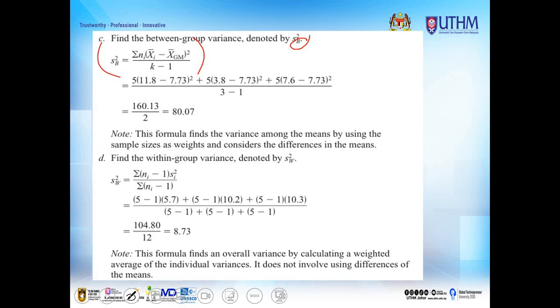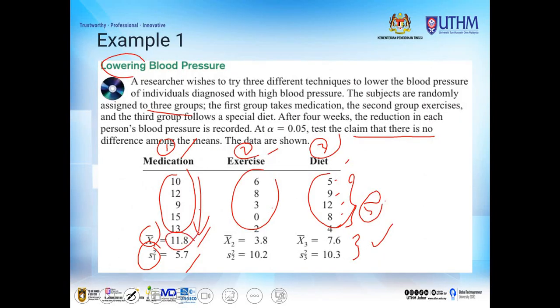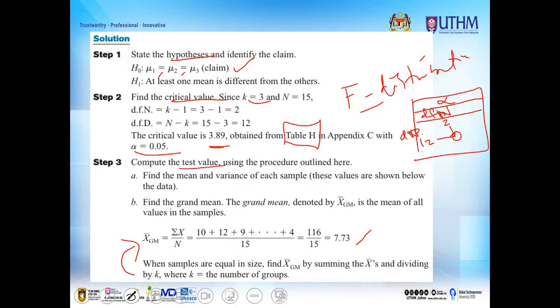This 5 is for group number 1, group number 2, group number 3. So 5 in brackets 11.8. You can see this 11.8 comes from here, and the variance is 5.7.